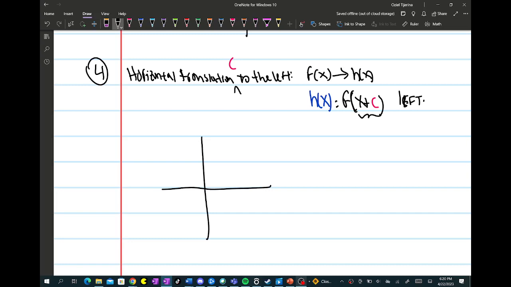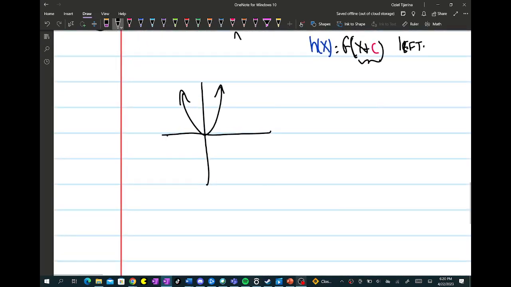So basically how that looks is, I have, for example, here's f of x again, and if I go to the left c units, it looks like this. So here's c over here, and I'm going to go to the left. So now we're going to do another parabola over here, and this part here will be represented by h of x, right?